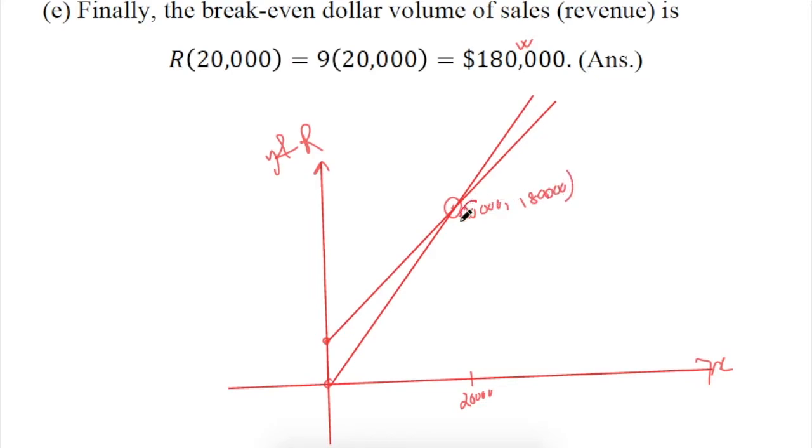This is your break-even point. This is your R, this is y, and another line is the fixed cost line, which is this line. So this is your fixed cost line, and this is how you can draw your break-even chart.